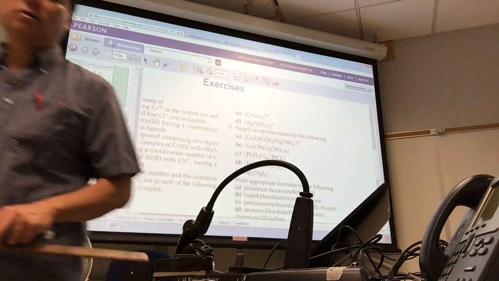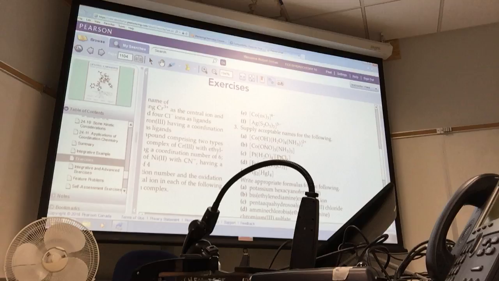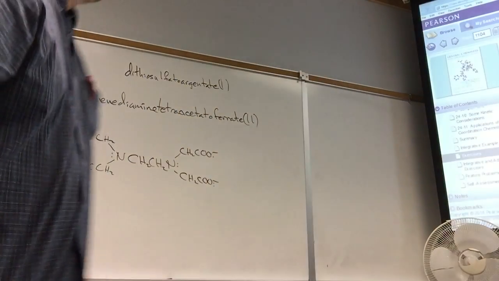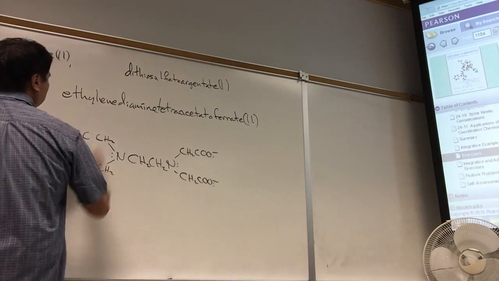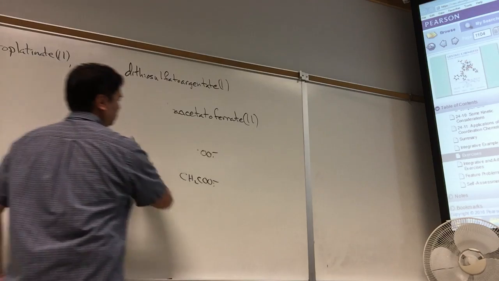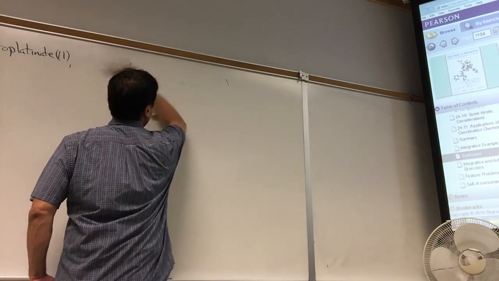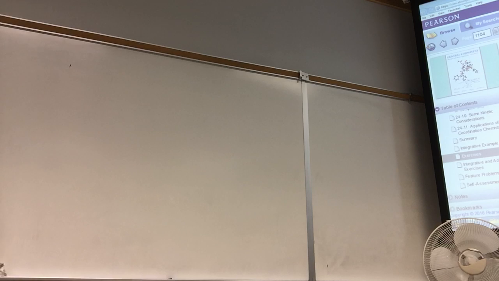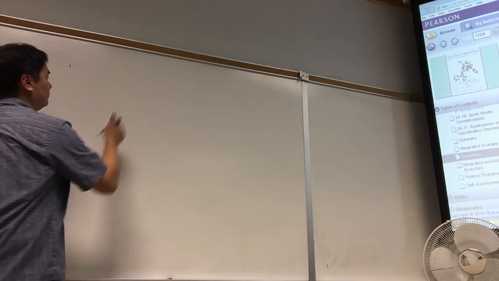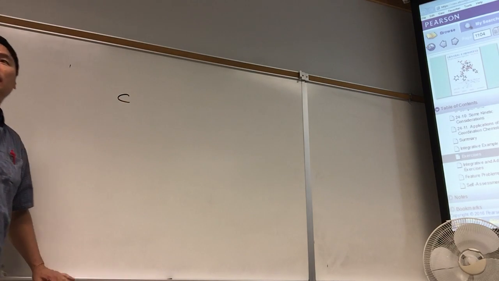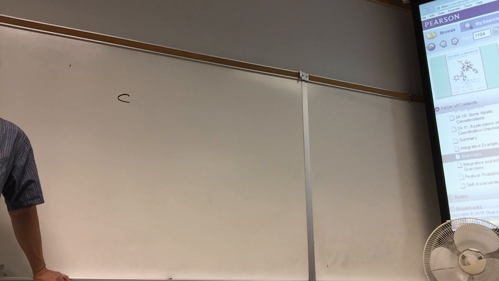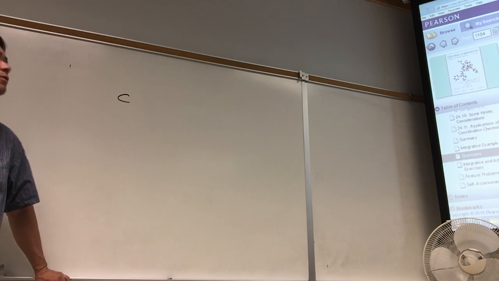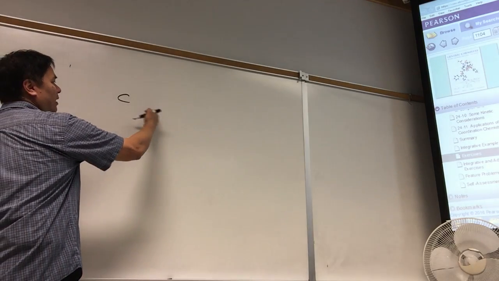So for example, if you have a carbon, hydrogen, oxygen, or carbon, nitrogen, oxygen containing compound, what is the sequence of elements that you write?